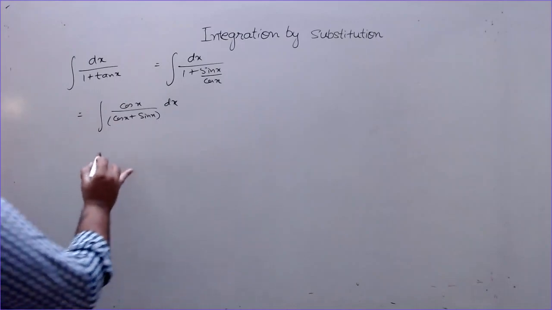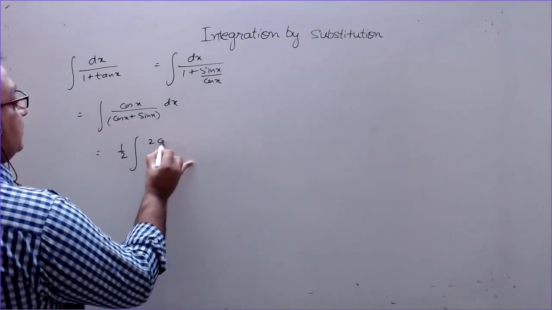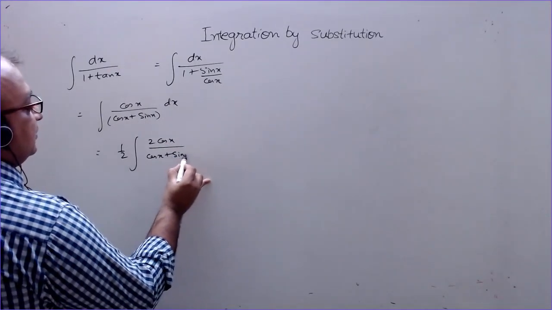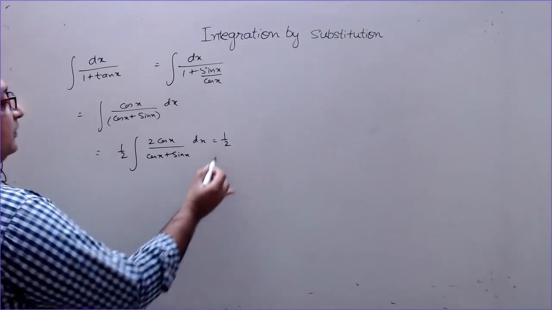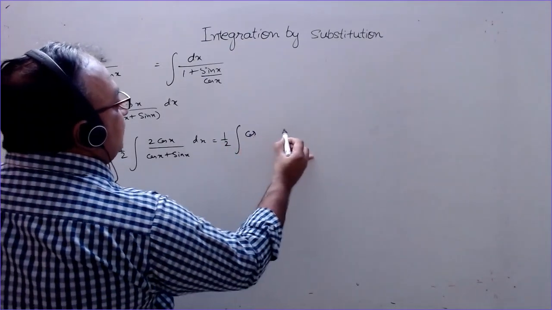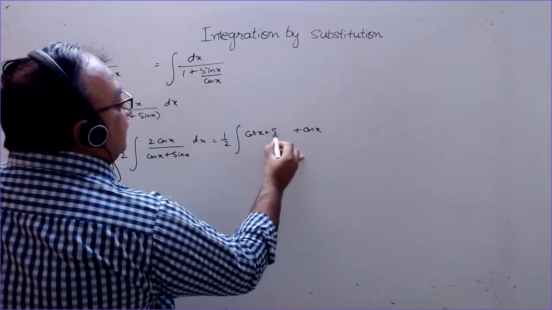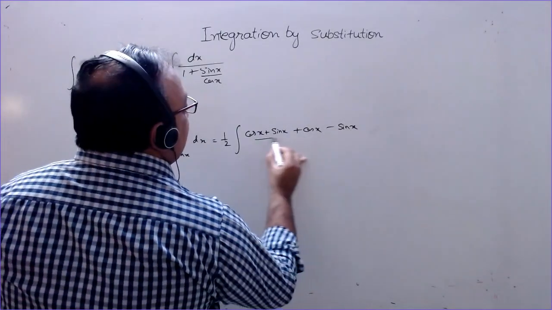This can be written as 1 by 2 cos x over cos x plus sin x dx, which is further cos x plus cos x, and here I will add sin x, and here I will add minus sin x.